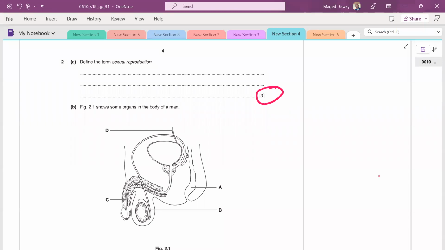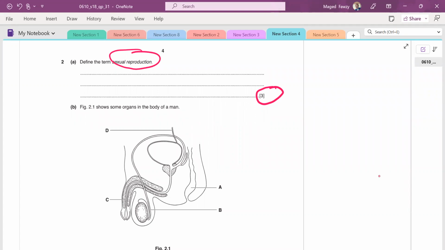Noor, what's sexual reproduction? Introduction of new organisms. Fine, but now you are just explaining the words. This is not a definition, dear. If I asked you to define, this means that you have to tell me exactly what sexual reproduction is.